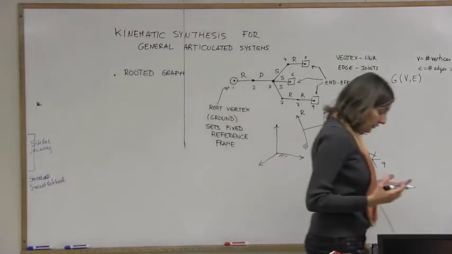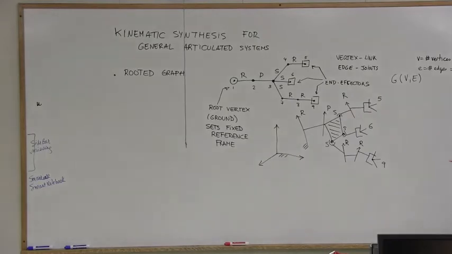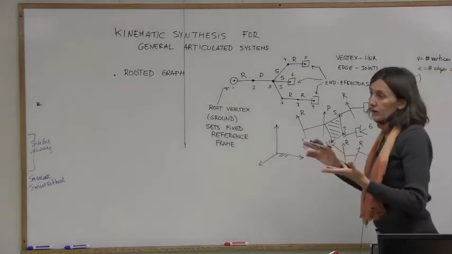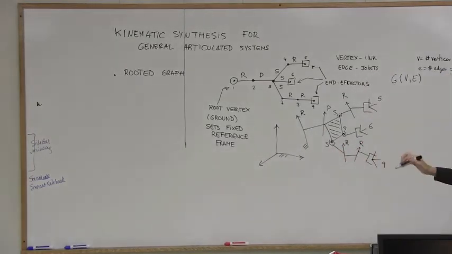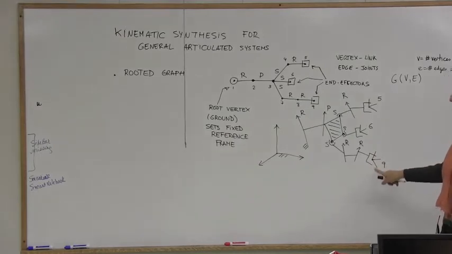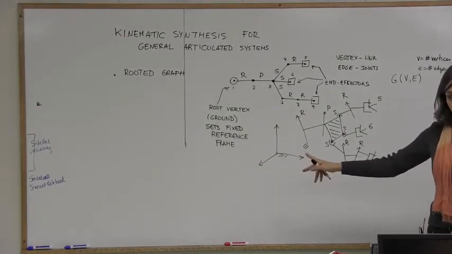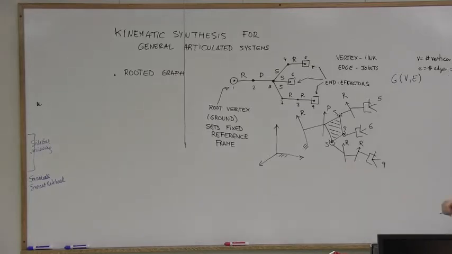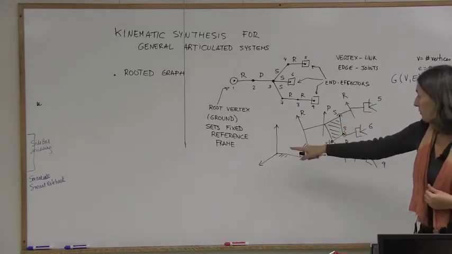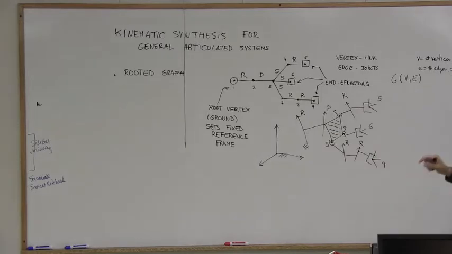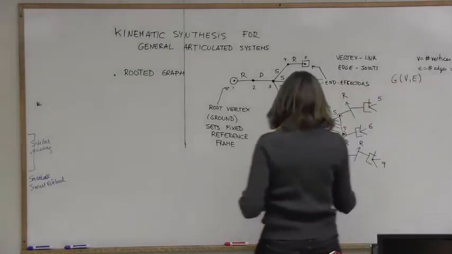If we are interested in design, or even in path planning or in control, we will be given the coordinates of these end effector frames with respect to the fixed frame. We are going to call those P5, P6, P9. Those are the transformations from this frame to that frame.